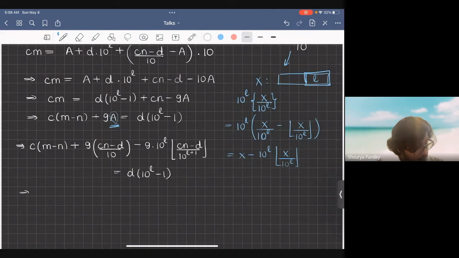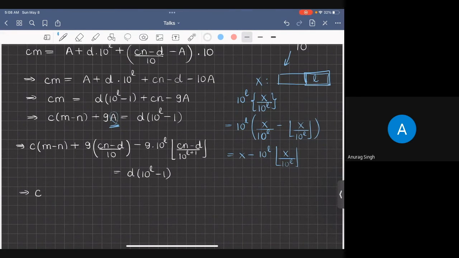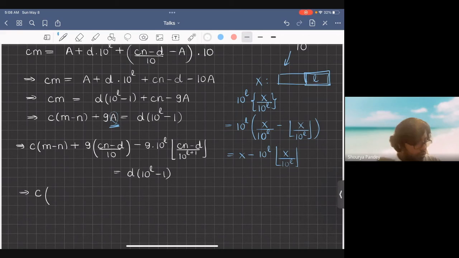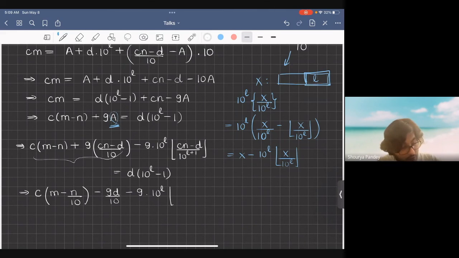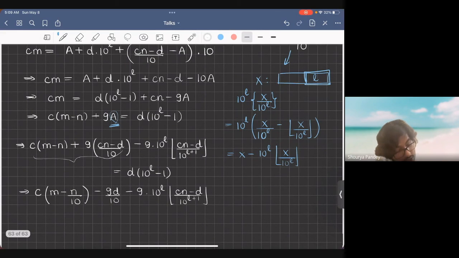So it is better that we assign Cn minus d by 10 to be some k. I actually kind of want to simplify this, so let me not do that actually. So let me write this as this, and then minus 9 by 10, minus 9 times 10 to the L floor of Cn minus d over 10 to the L plus 1, equal to d times 10 to the L minus 1.